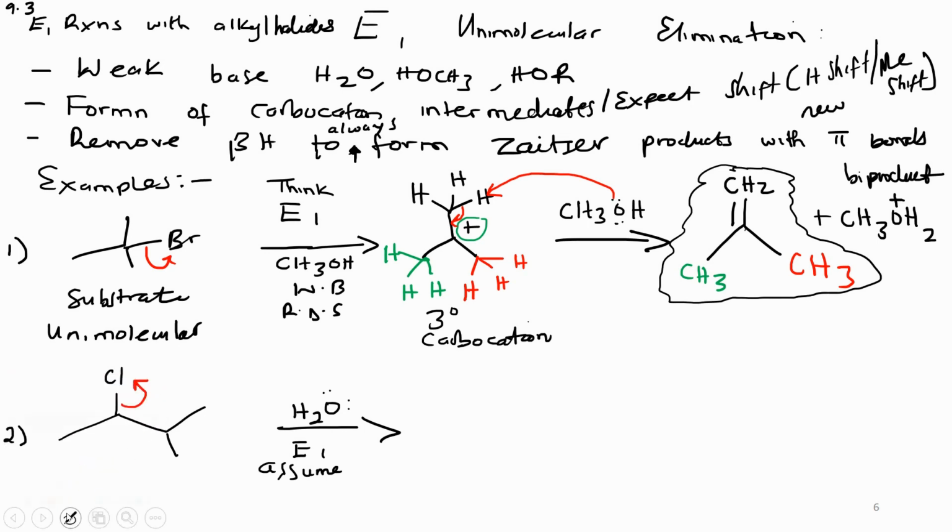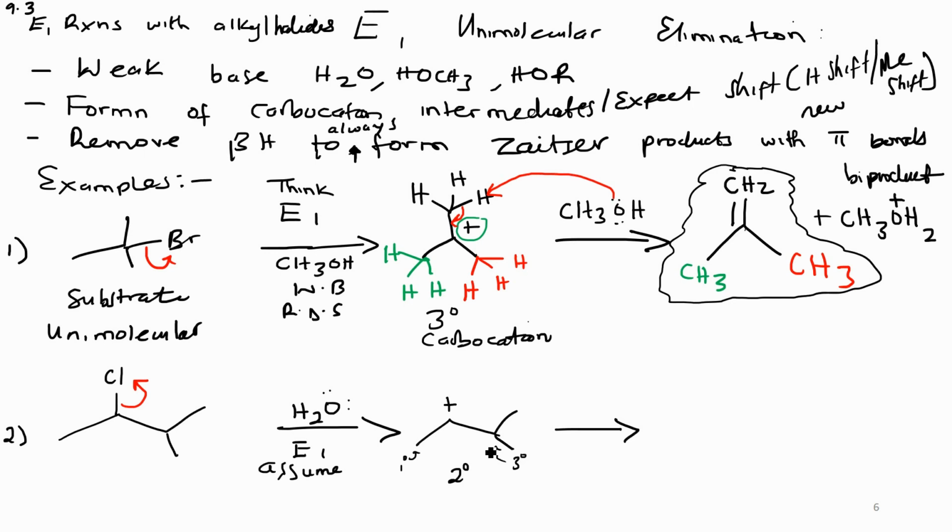We really have to form the carbocation before we do anything. There's a plus sign on there. So this is secondary. We expect shifts. Obviously a shift is possible because this carbon right here is a tertiary carbon. This is a primary carbon.